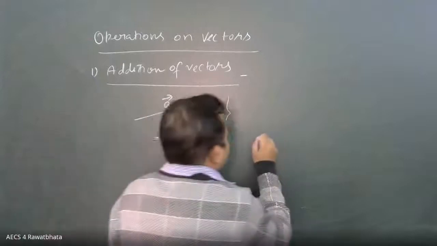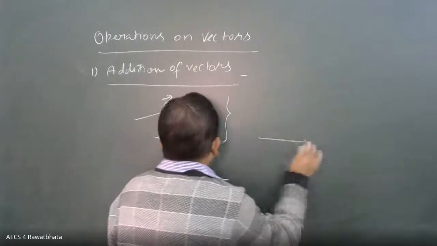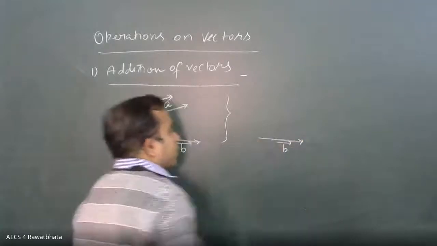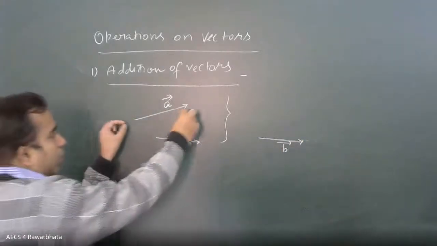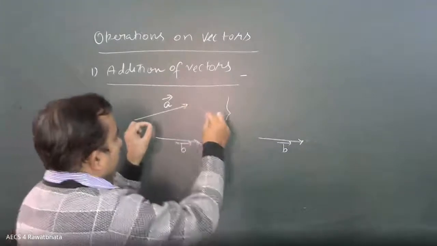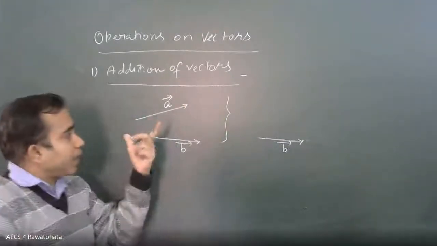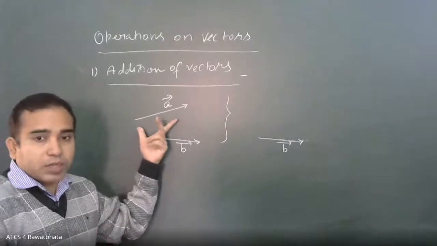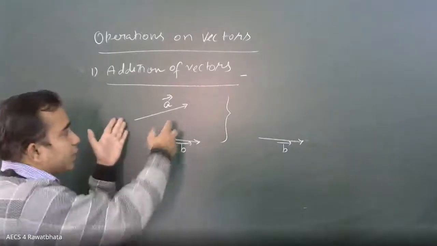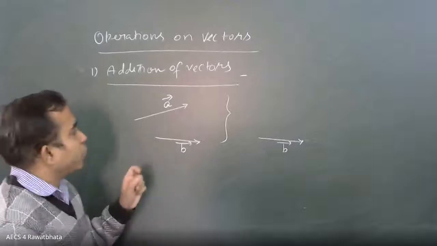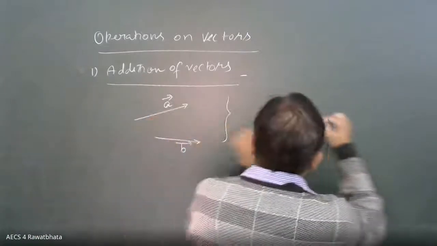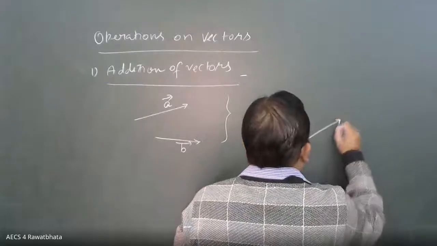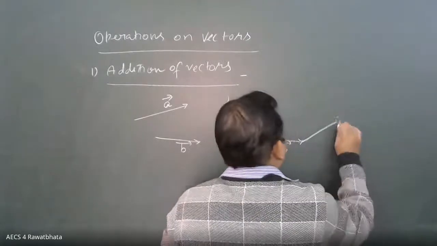What we do, any vector you take, suppose I have taken vector B, draw it and then lift this A vector. Lifting and keeping it somewhere else will not change it. Of course, the length of this line segment we have to keep the same, direction we have to keep the same, and you lift this vector and put it here parallel to the given direction. Length should also be the same.